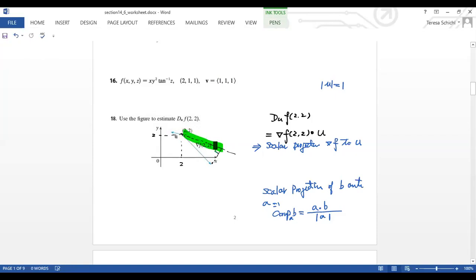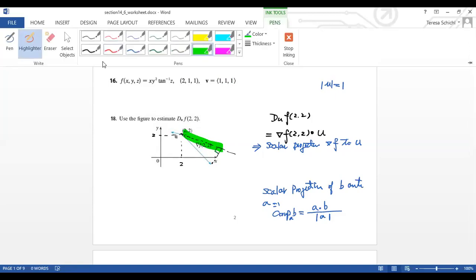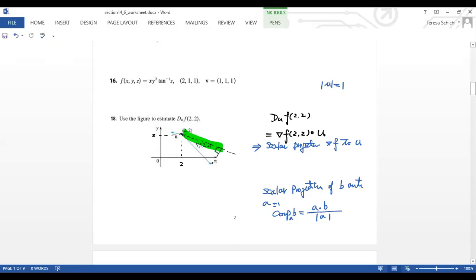So this green line is my del f at (2, 2) dot u, and then you just measure. If this distance is 2, this distance is probably around 3, but it's going in the opposite direction of u. So I know that this directional derivative is approximately -3.